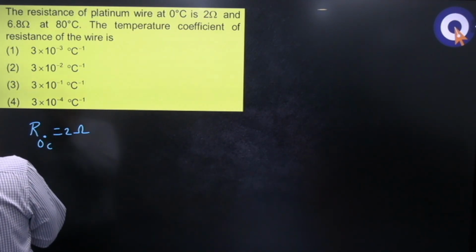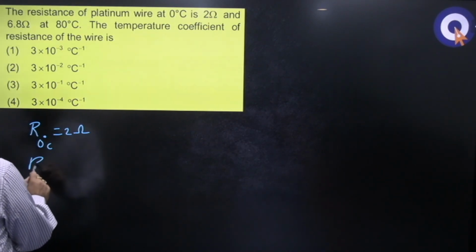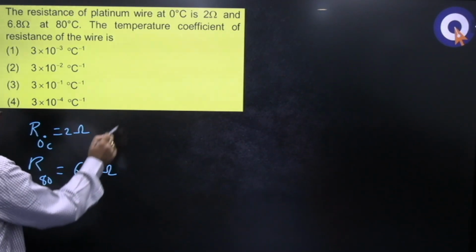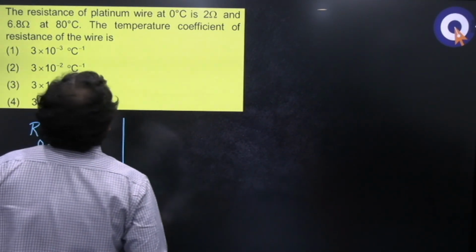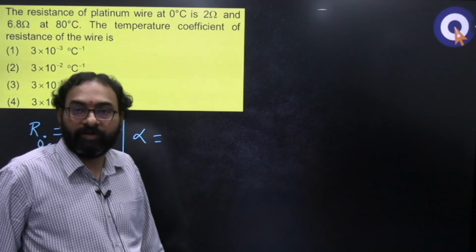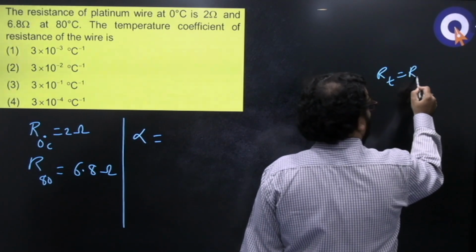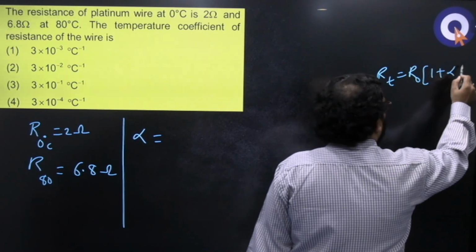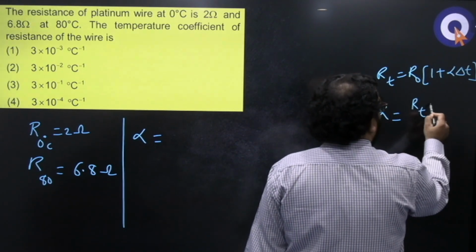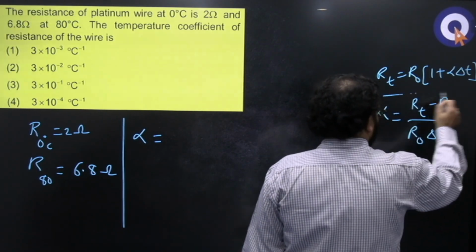Resistance of a wire at 0 degrees Celsius is 2 ohm, and resistance at 80 degrees Celsius is 6.8 ohm. Find the temperature coefficient of resistance. RT equal to R naught into 1 plus alpha delta T. Next, alpha is equal to RT minus R naught by R naught into delta T. This is the formula.